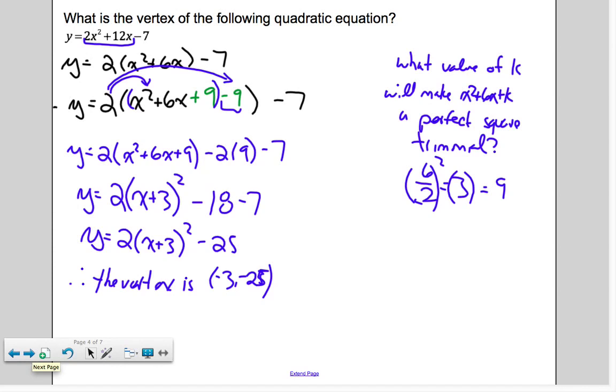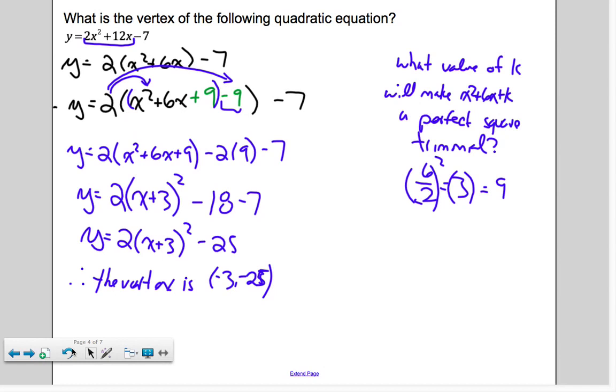So I could have 2x squared plus 12x plus 18 minus 18. And then what I had to do was factor 2 back out just to get my perfect square trinomial. So what I did was I just took 2 and multiplied by this trinomial, so I'm left with 2 times that.